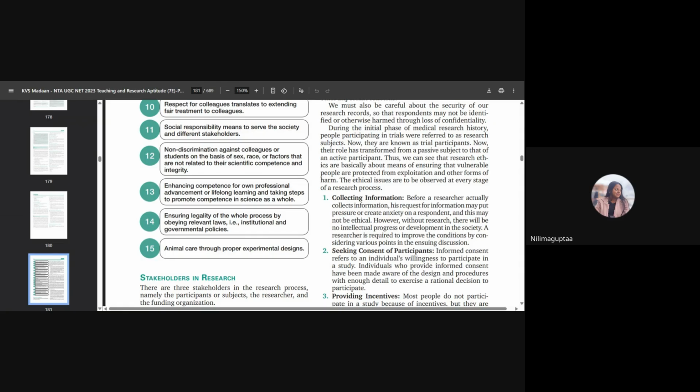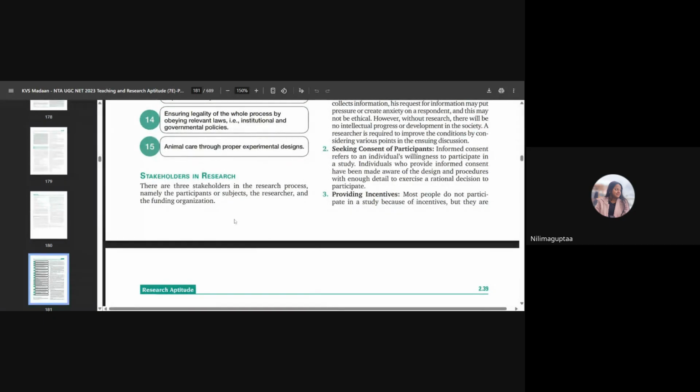And not in social science, but in science subjects, where we actually do experiments on animals and on human beings, a lot of care has to be taken with regards to the experimental designs and everything that has been prepared. So now, who are the main stakeholders in this research?